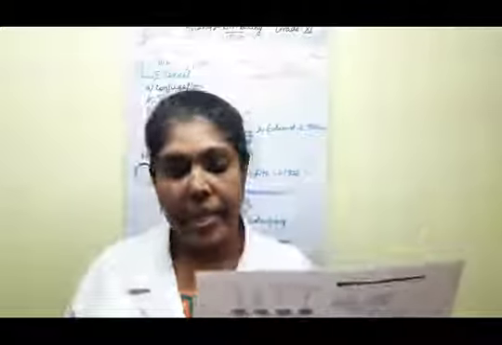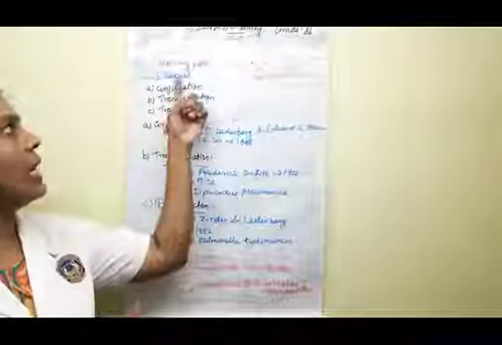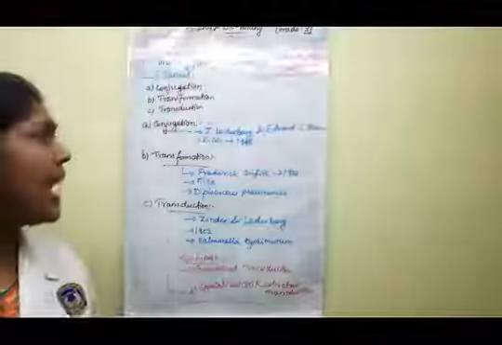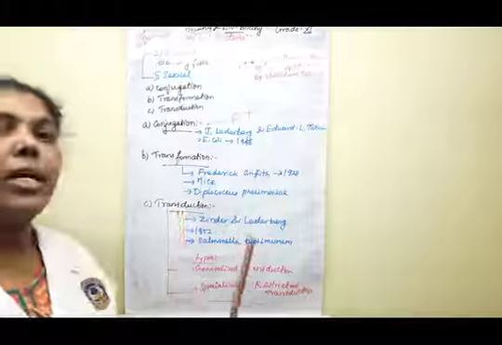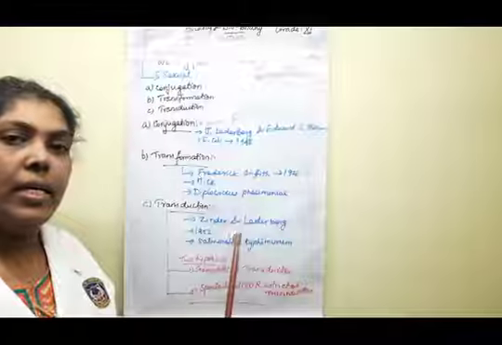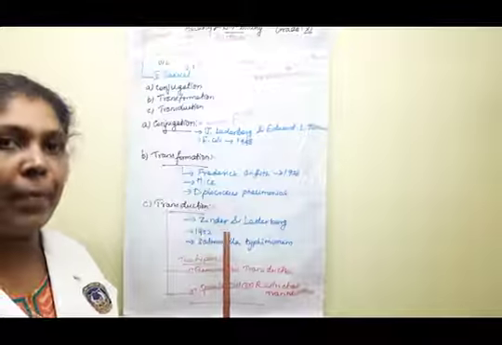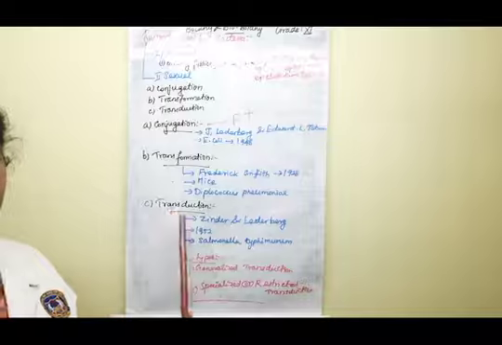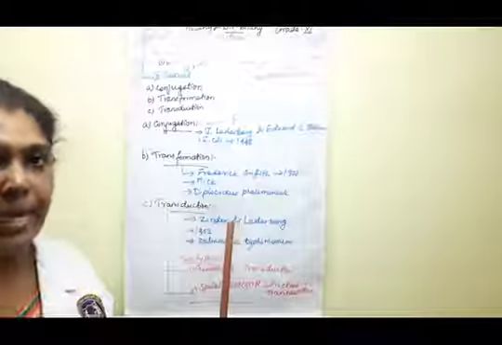Clear? Yes. Then there is a third method of sexual reproduction in bacterial cells. That's transduction. Okay? Transduction. This method was discovered or proposed by Zinder and Lederberg. These are the two persons who discovered this method of sexual reproduction in bacterial cells.